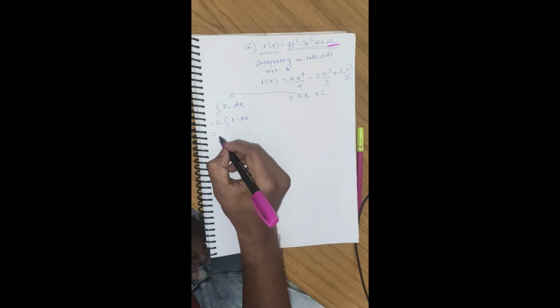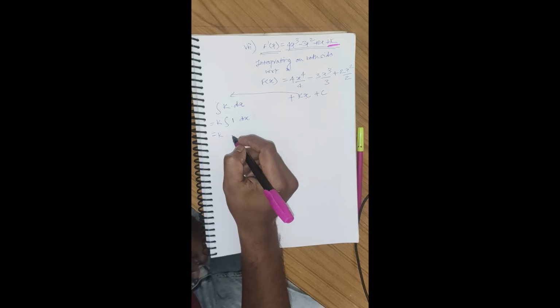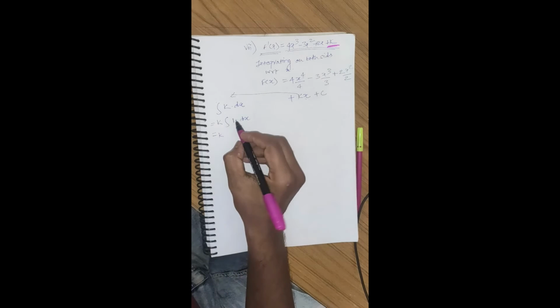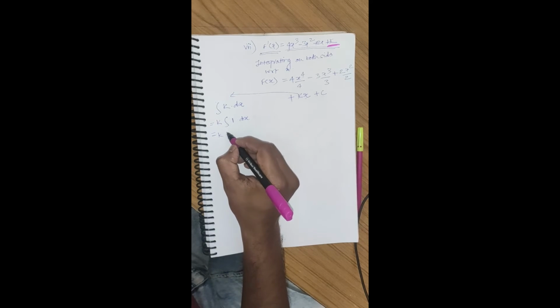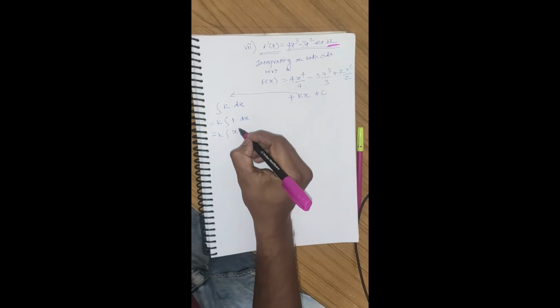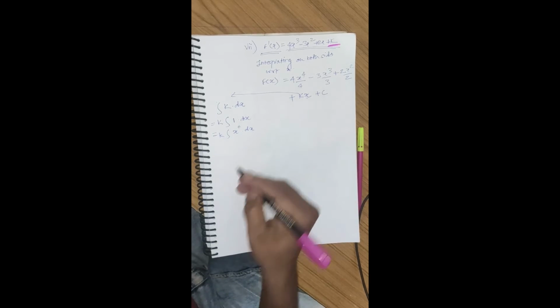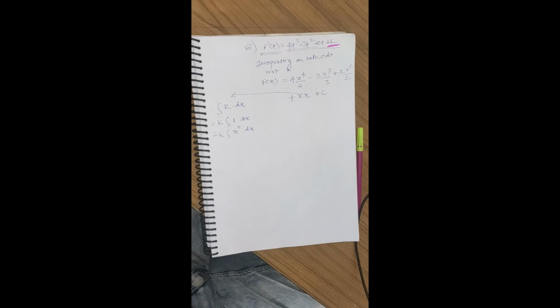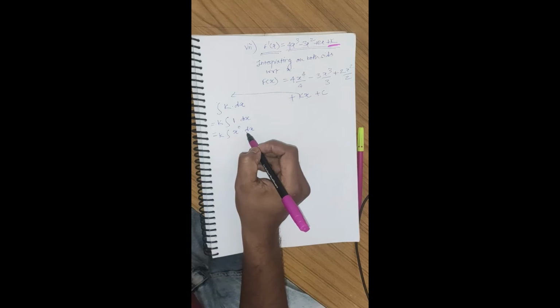Now see how this takes place. Integration of 1 we do not know, but we know 1 we can write as x raised to 0. Anything raised to 0 is 1. Not everything, but like 0 raised to 0 is undefined, but generally it is equal to 1.